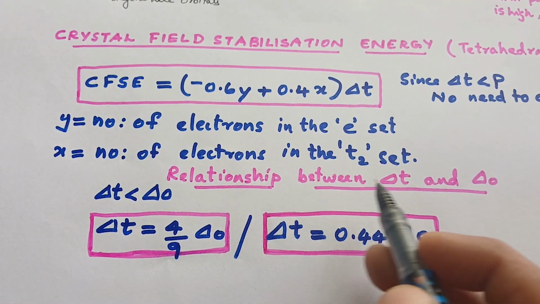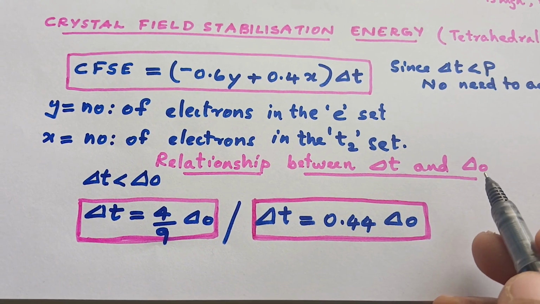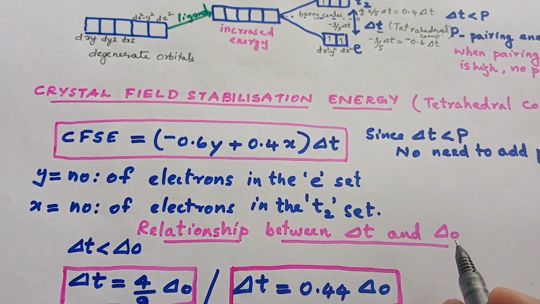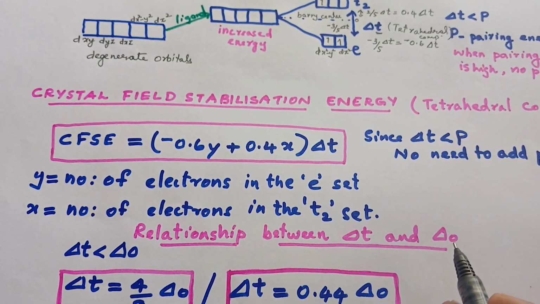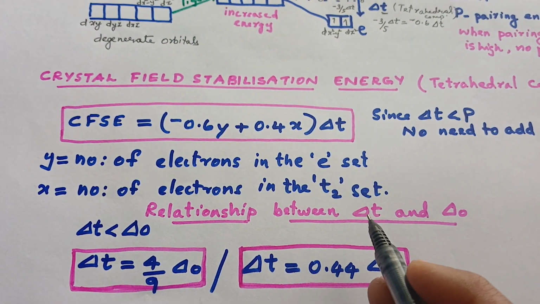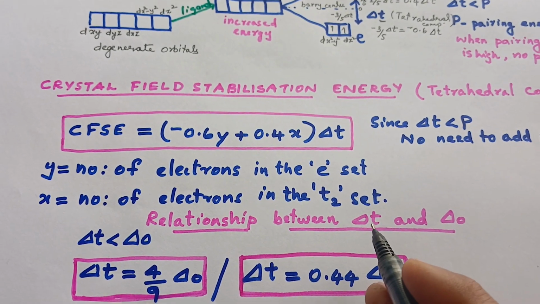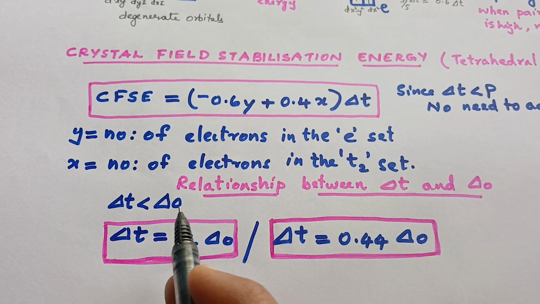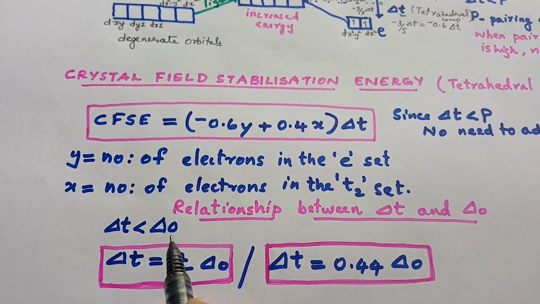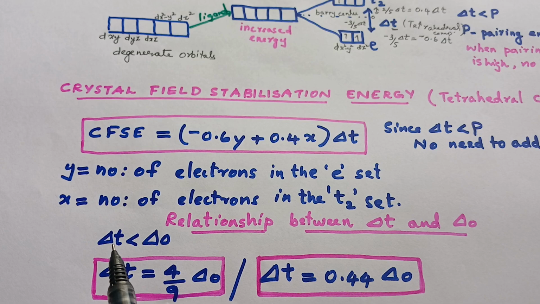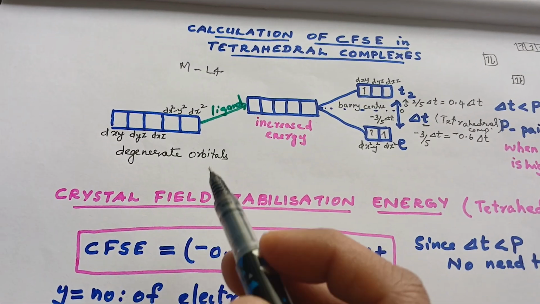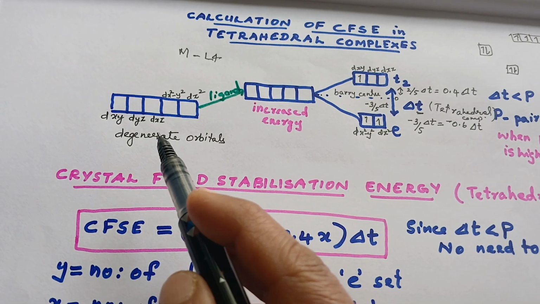Now the relationship between delta T and delta O. Delta O is the crystal field splitting energy for octahedral complexes, and delta T is the crystal field splitting energy for tetrahedral complexes. Delta T is less than delta O. You know the reasons. In the case of delta T, the ligand is approaching interaxially.